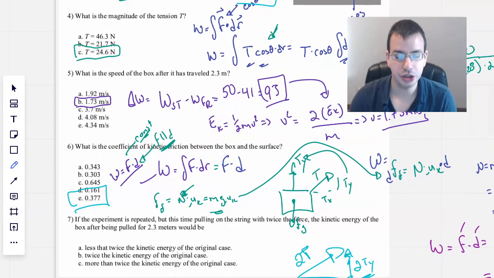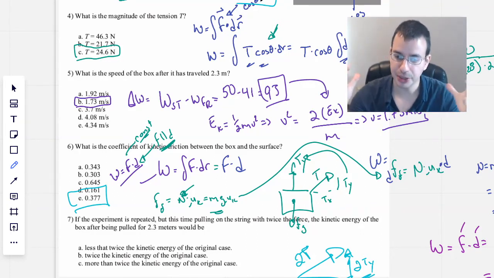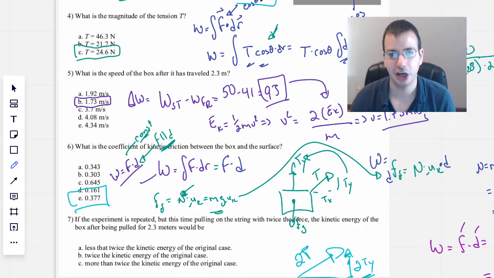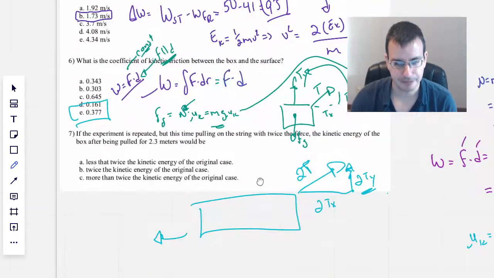Or is it assuming that we're pulling twice as hard, but something adjusts so that we still have this 41 joules? I'm going to go with the assumption, because it's the most restrictive, it's a lower value, that we still have this 41 joules of friction.